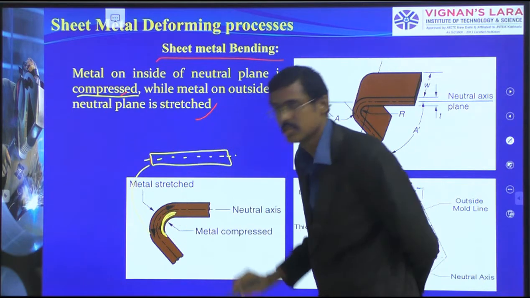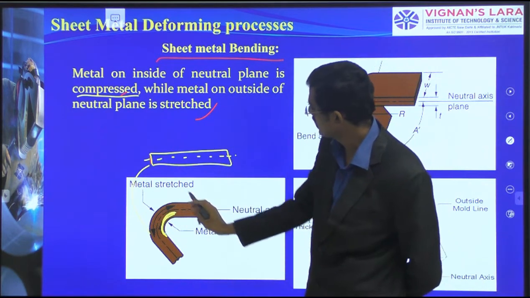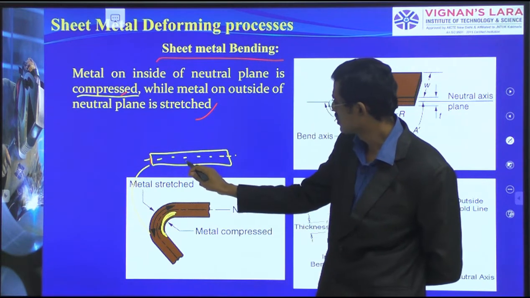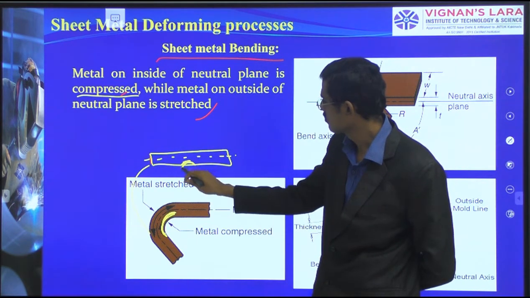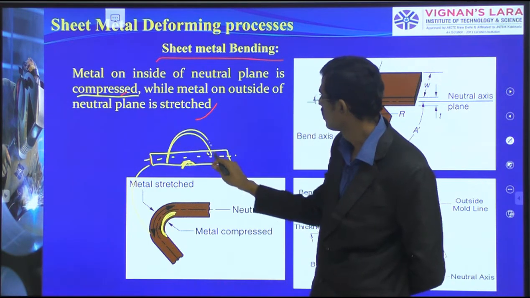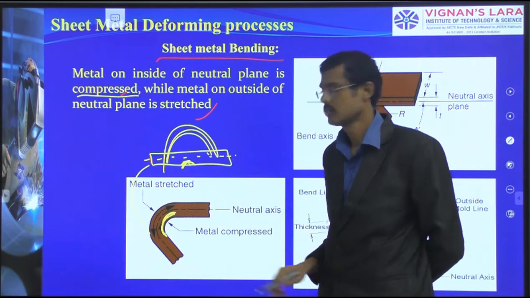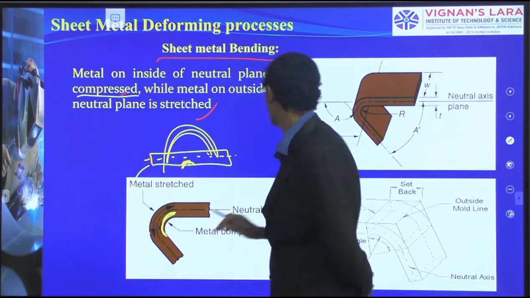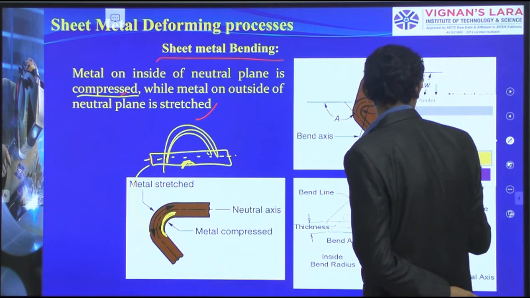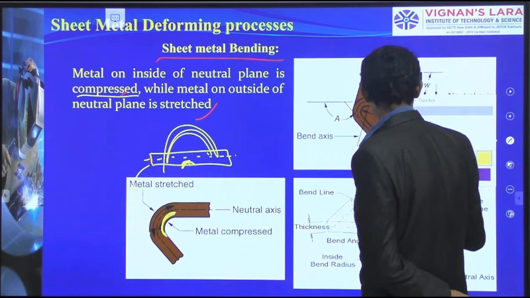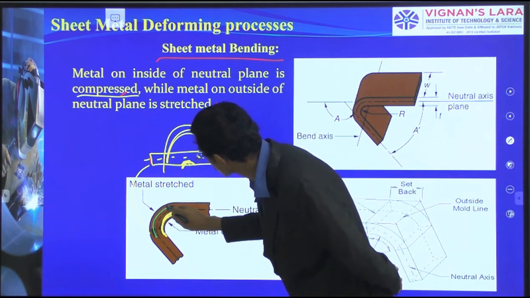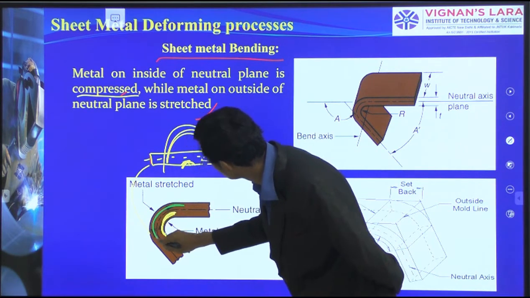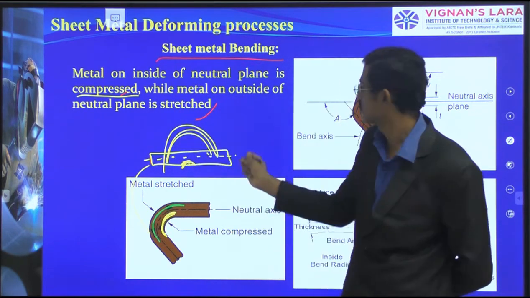This point is compressed. But the material which is outside, this side is compressing and this side is stretching. In such a way, the outside part is going to stretch out. This part is going to stretch out above the neutral axis, which is the outer side.